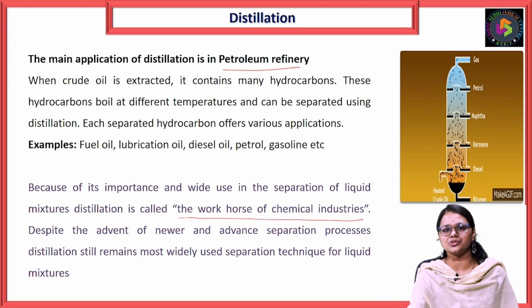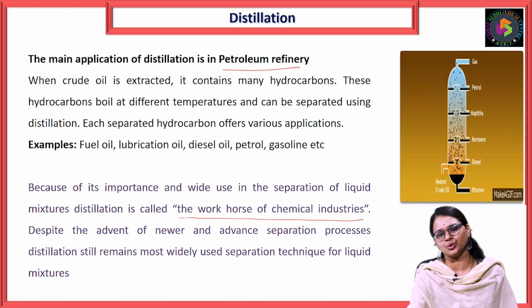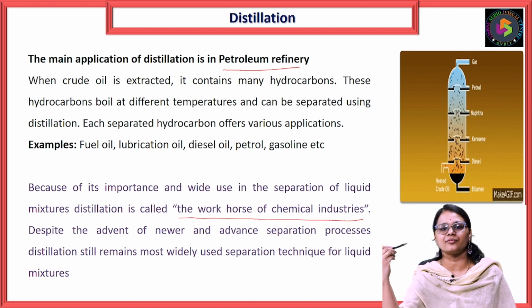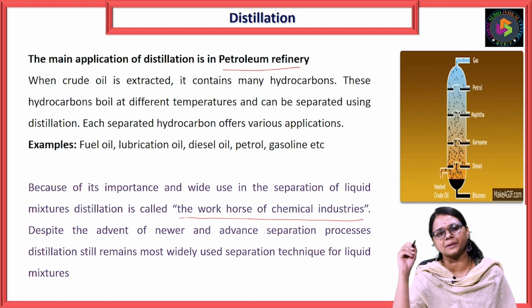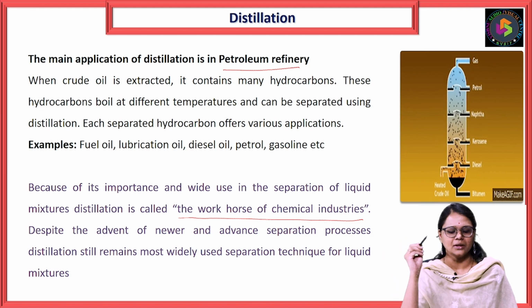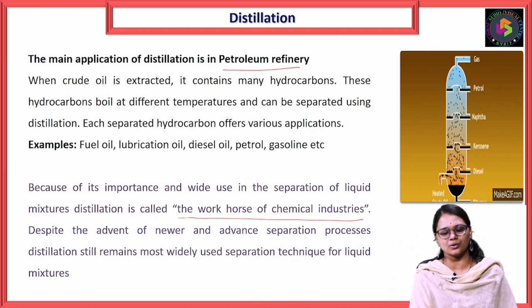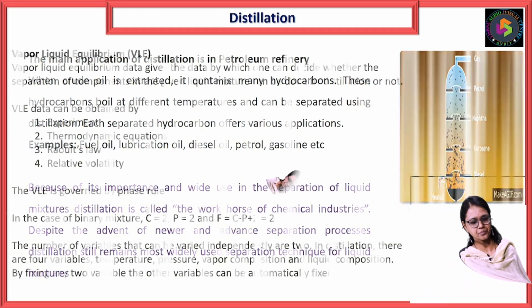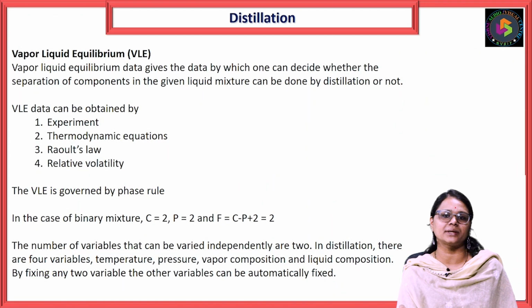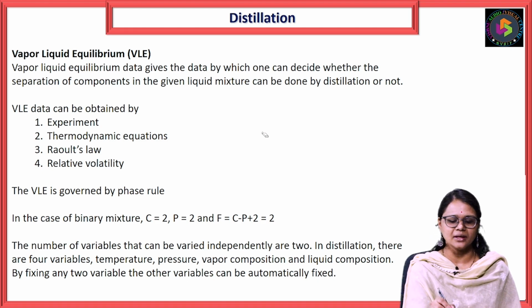No need to make any changes, no need to buy any new equipment, you only need to create the thermal energy inside the column to separate the product or the pure component depending on the requirement. So that's why it's called the workhorse of the chemical industry. Coming to distillation, the main important point which you need to understand is to create the VLE data.